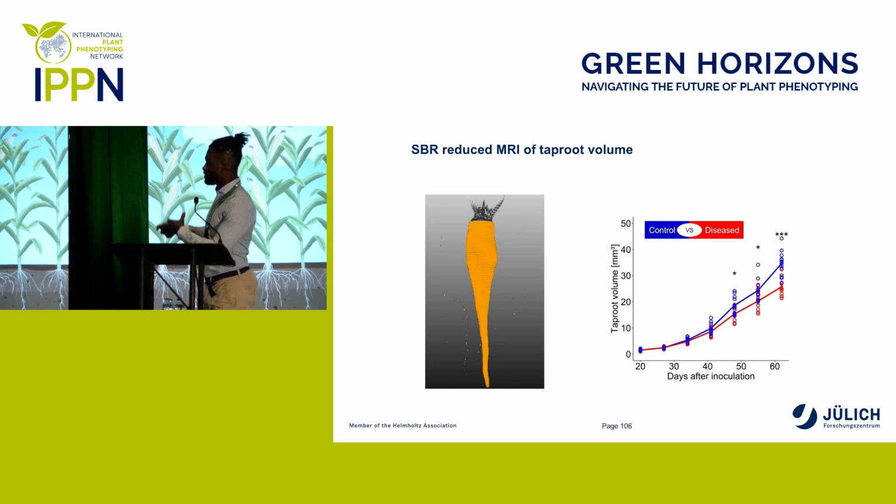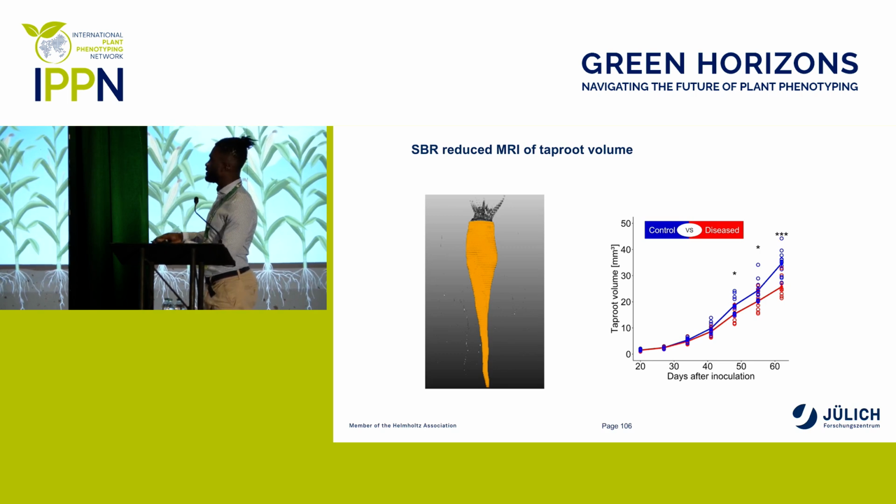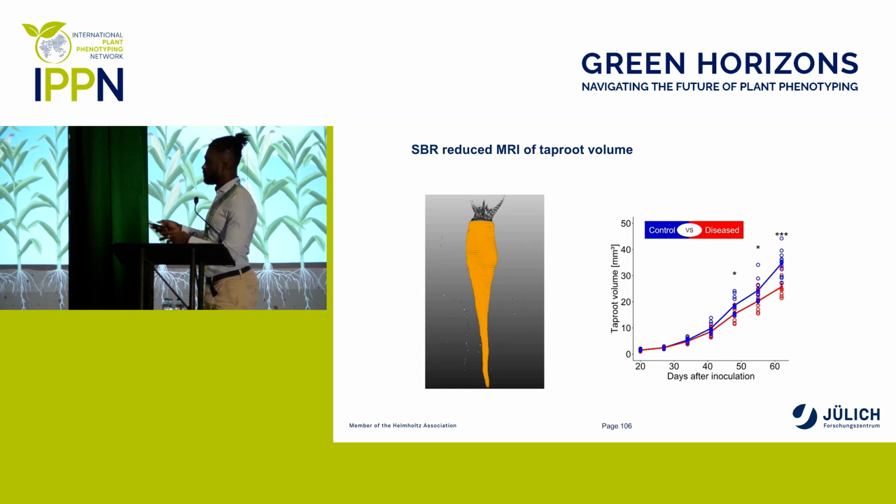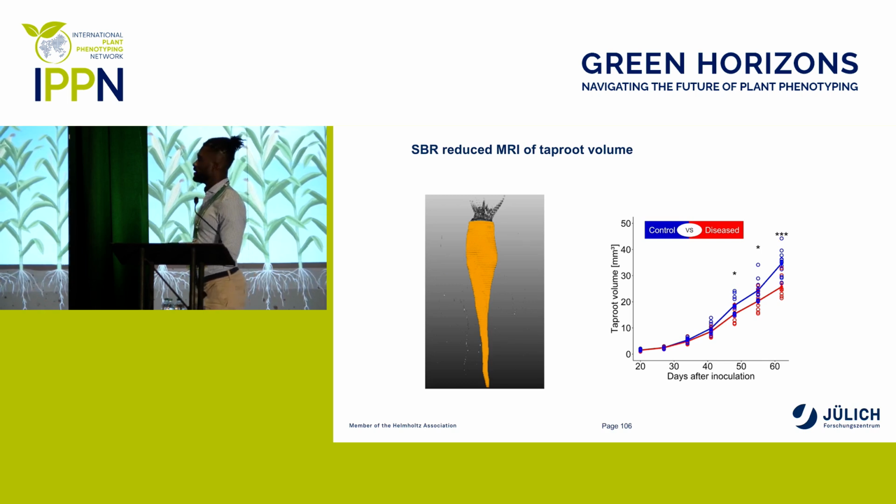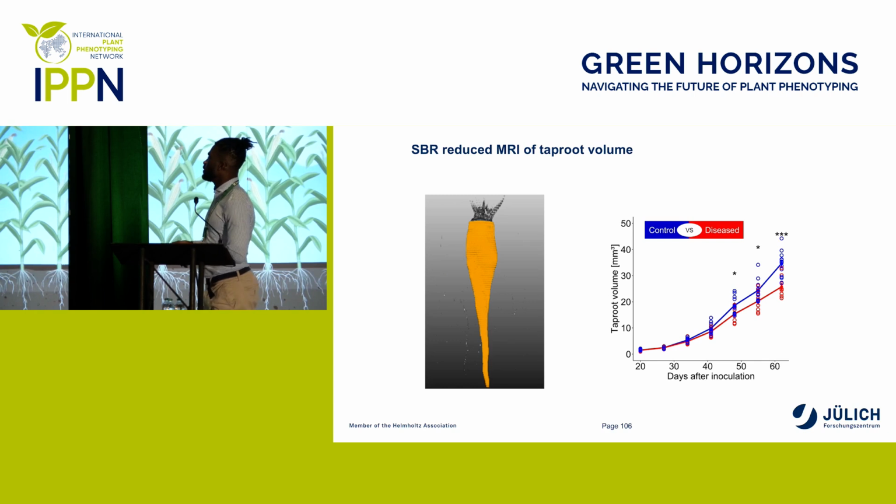So we first generate a binary image from threshold segmentation, then remove all fine root structures by applying a median filter, and then generate the taproot from it.